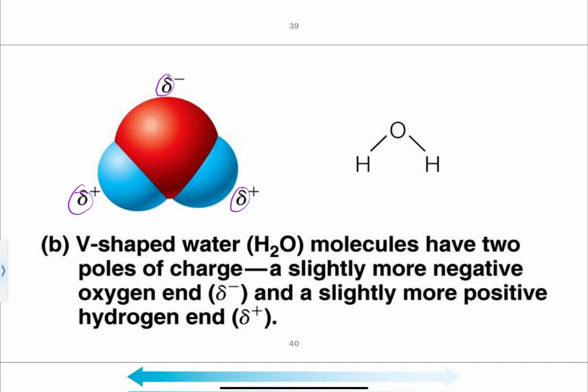If we were to actually look at this bond and see where the electrons are, we'd see that the electrons are very close to oxygen and very far away from hydrogen. Because electrons are negatively charged subatomic particles, it causes oxygen to get that partial negative charge. And because the electrons are farther away from the hydrogens, they end up getting the partial positive charge.